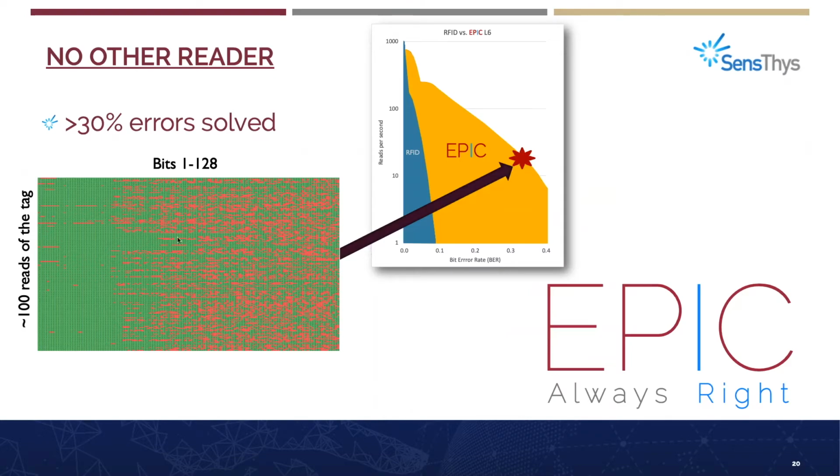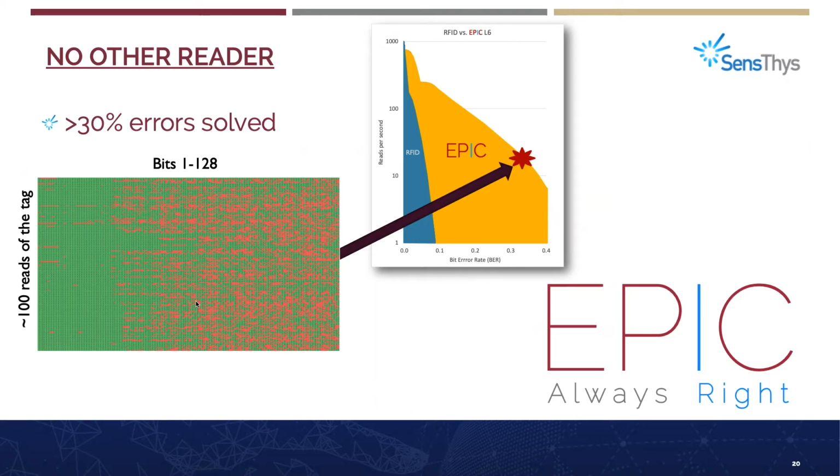So to give you another example of this, and this one is a little bit hard to explain, so I apologize in advance. But if you look at the green and red over there, on the x-axis is basically bits 1 through 128 for this tag. I don't know if you can actually see the individual pixels on this thing, but that's what that is. And we've read that tag about 100 times.